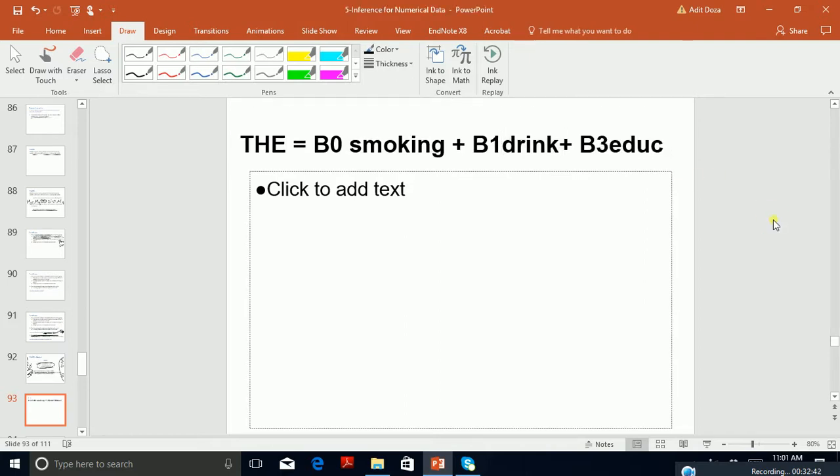So in general, what do you expect? If a person is smoking in each country, I used panel data, we will talk about panel data later. Let's just assume if a person is smoking, then the total health expenditure of that country should go up, right?